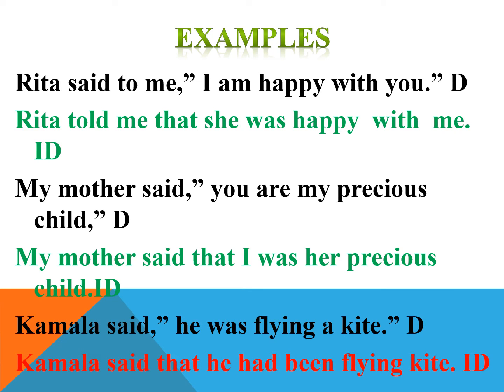Kamala said that he had been flying a kite. This means that if the reported speech is in past continuous, then the tense is changed into past perfect continuous.